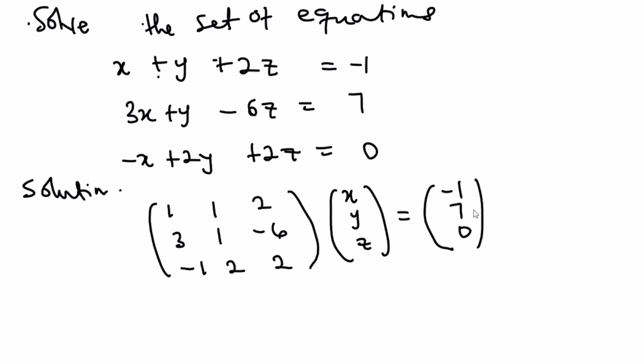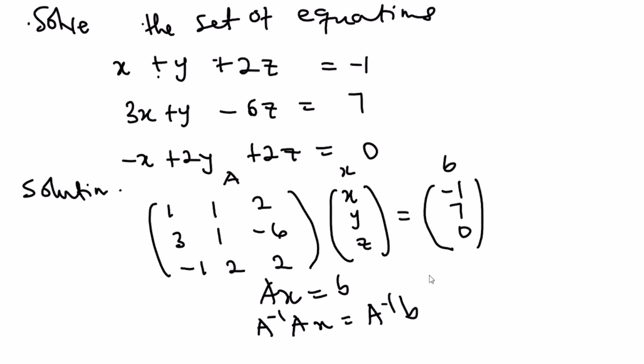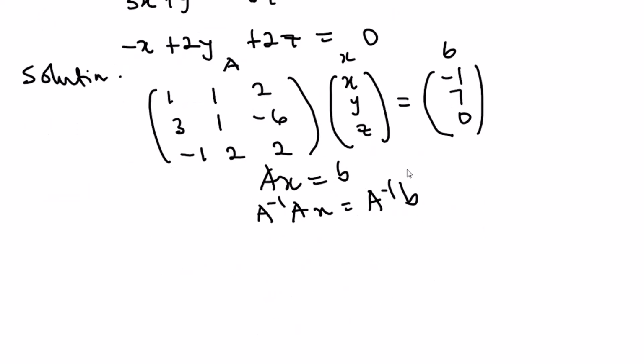Yes. Now, if this is our matrix A, and this is X, and this is B, then A times X should be equal to B. To get X, we multiply by the inverse of A on both sides. So we have inverse of A, and this will be equal to, this part will give you 1.